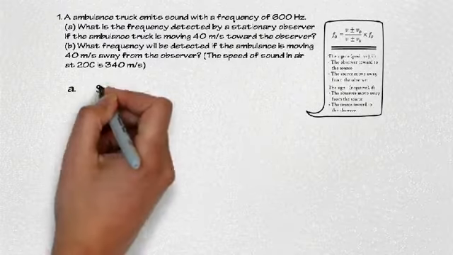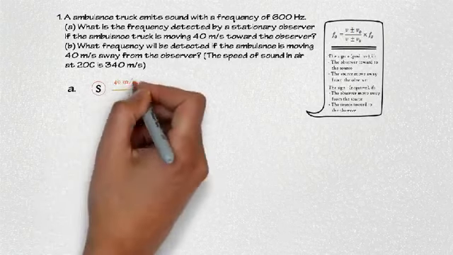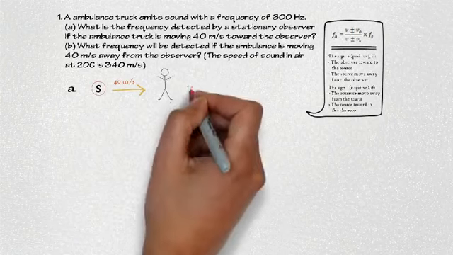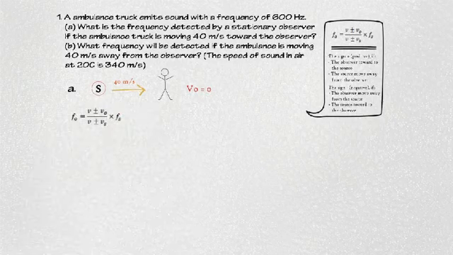1.A. The source is moving 40 meters per second toward the observer, so the velocity of the observer is 0. To count the frequency of the observer, we can use this formula.